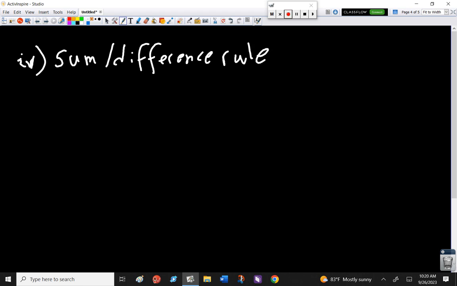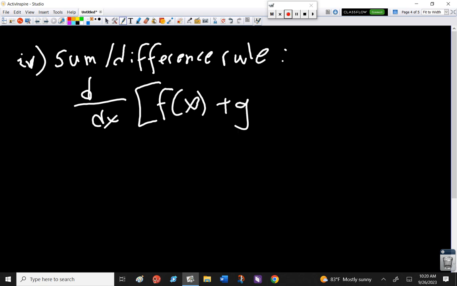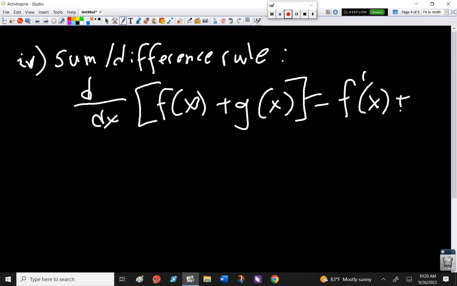The sum and difference rule, ladies and gentlemen, is basically this. If I take the derivative with respect to x of a function plus or minus another function, this is simply going to be the sum or difference of the derivatives.